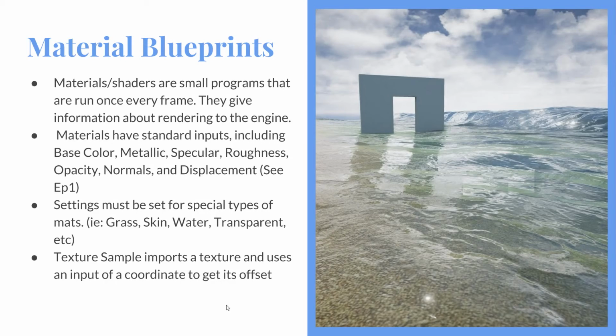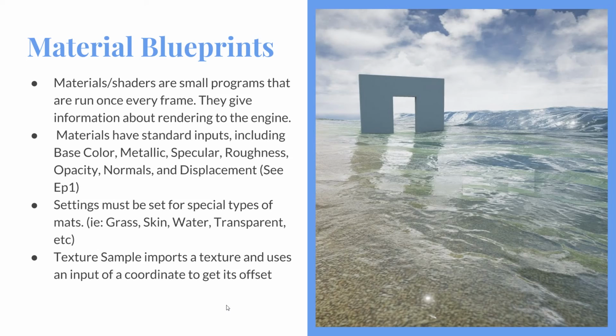Finally, I'd like to go over one special kind of blueprint: material blueprints. We're going to be talking about this again in the future, but essentially what a material is, also known as a shader in technical speak, is basically a series of information about something that you're going to render.